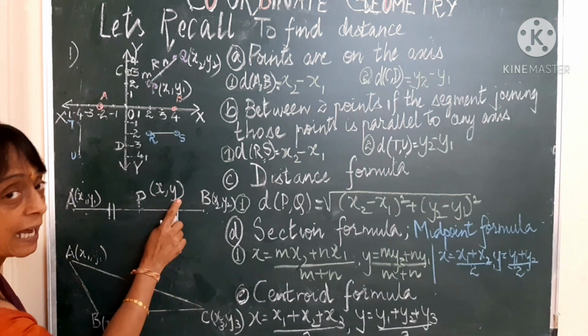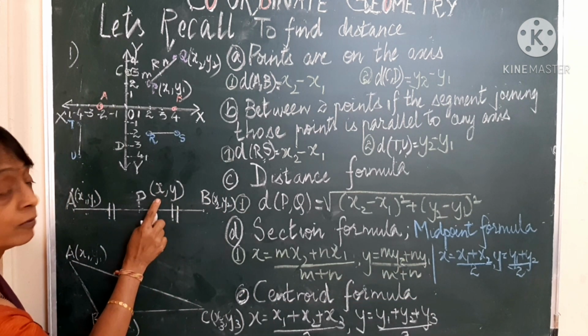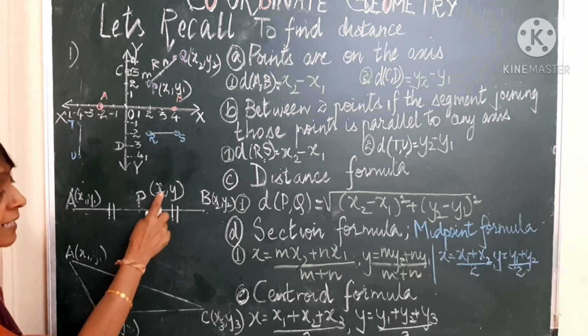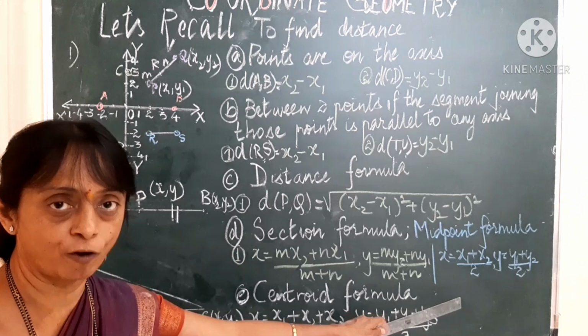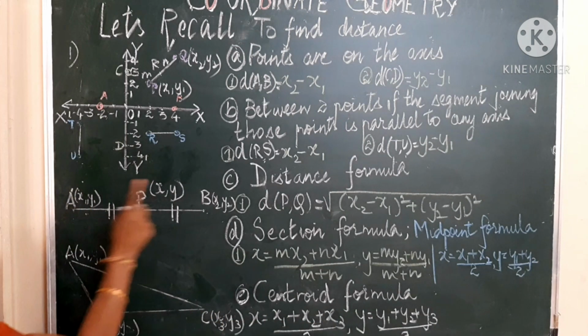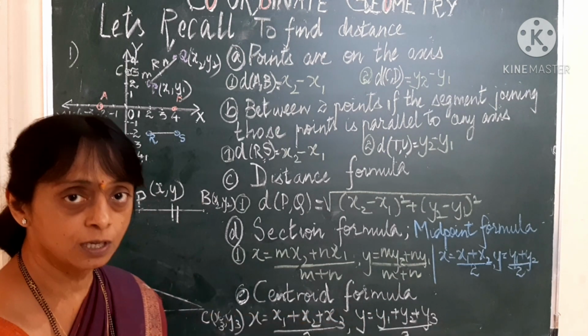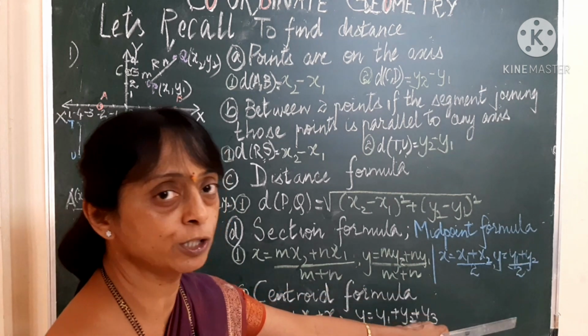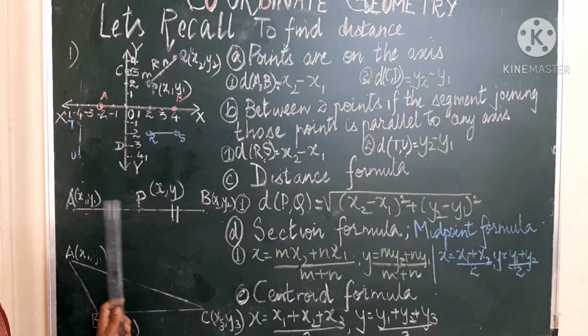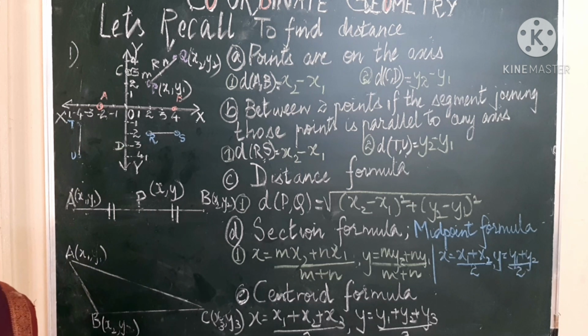And how did we calculate to get the coordinate, the numerical value of x and numerical value of y of point P? That was given by the formula x is equal to x1 plus x2 upon 2 and y is equal to y1 plus y2 upon 2. This was called as the midpoint formula.